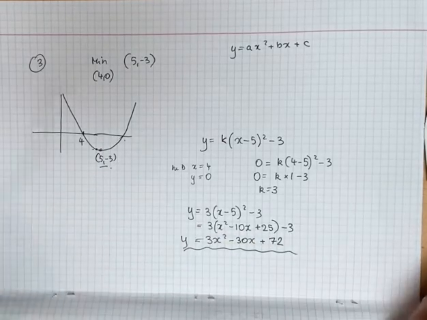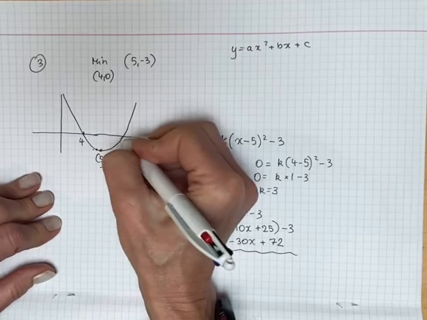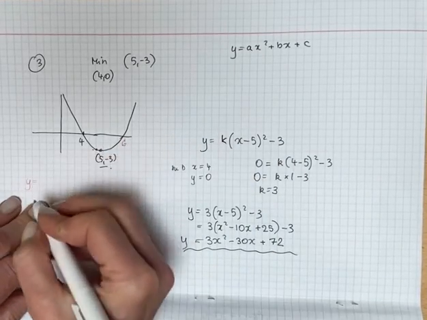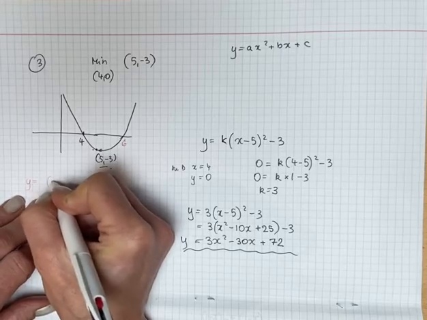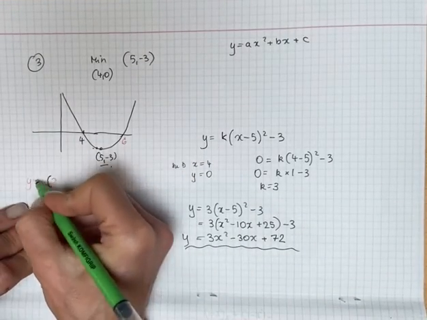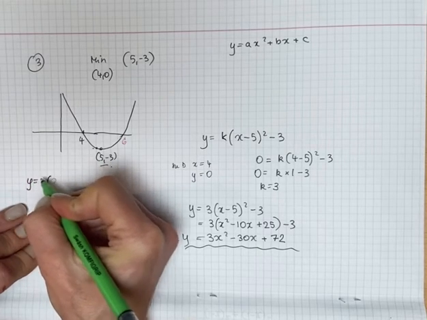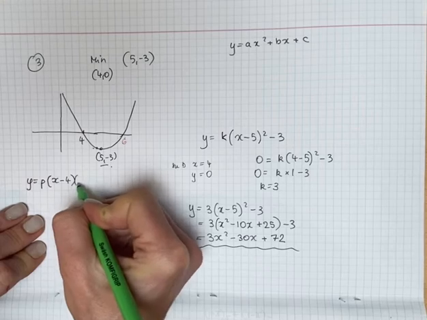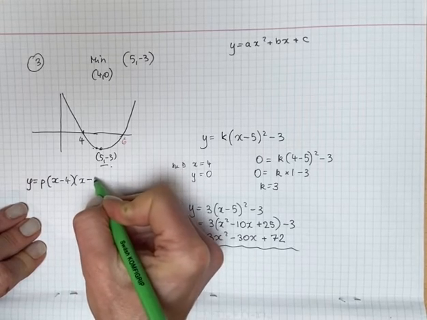You can check whether I was right with these roots. If that was indeed 6, your quadratic would have been some multiple, let's call it p this time, of x minus 4 and then x minus 6.